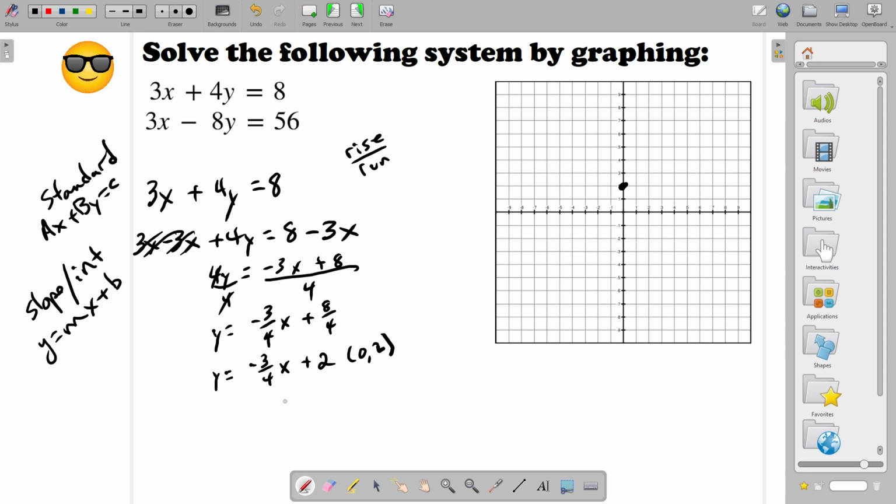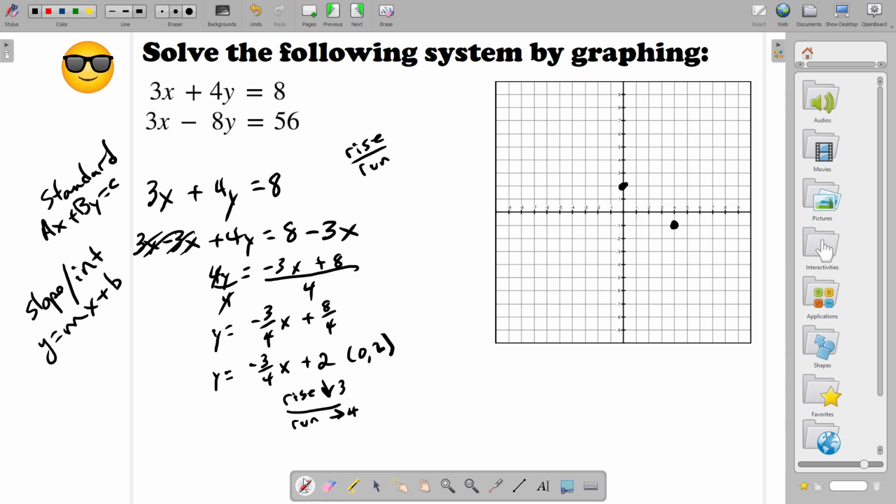So in this case, our rise is going to be down 3 units, and our run is going to be forward 4 units. So from our intercept point, we go down 3 units because of it being a negative 3. 1, 2, 3, and we go forward 1, 2, 3, 4 at that spot right there.